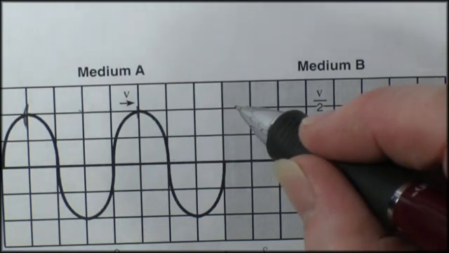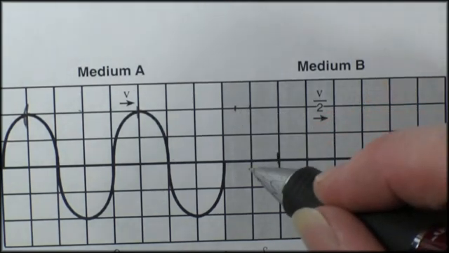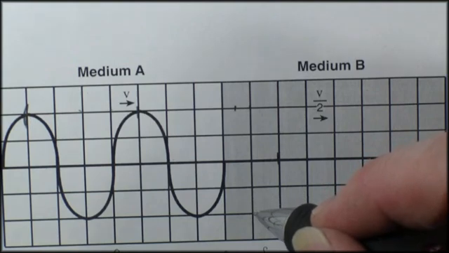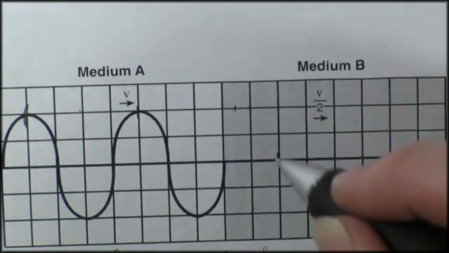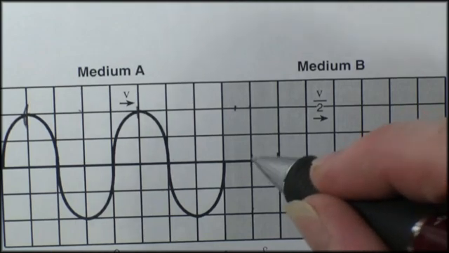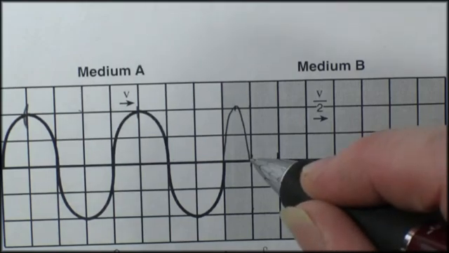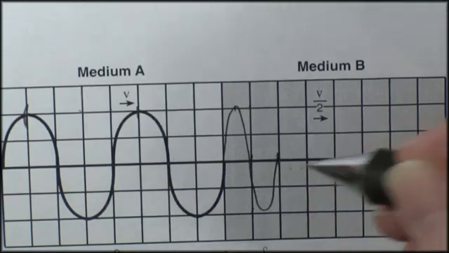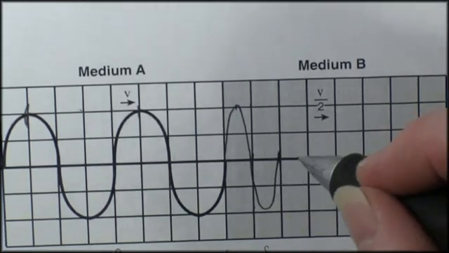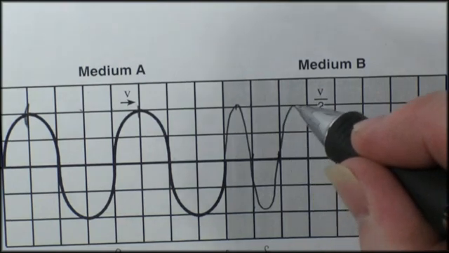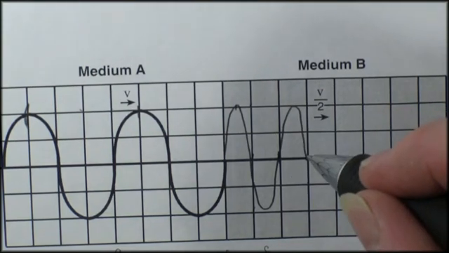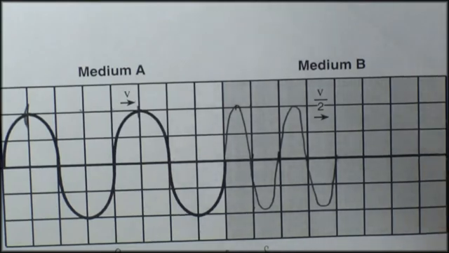So I've got to go up, and then down, and then up again. So there's the middle point. So 1, and a full wave. I could draw another one. There it is.